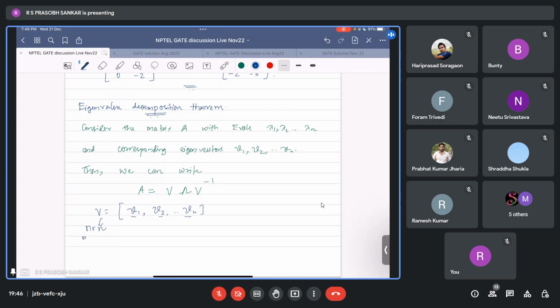These are columns, so this is an n cross n matrix. And lambda is a diagonal matrix with the values lambda 1, lambda 2 up to lambda n and zeros everywhere else. Is everyone clear with this result? This is something fundamental in linear algebra, known as the eigenvalue decomposition theorem.